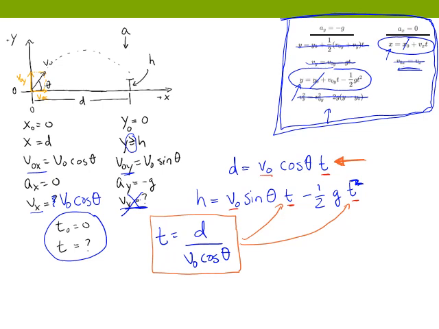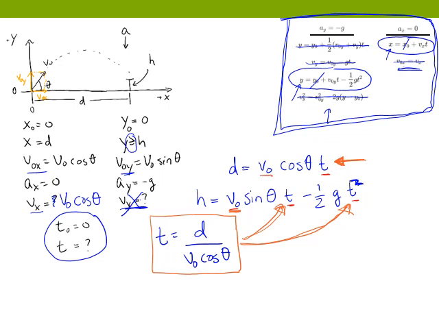At this point, there's some algebra remaining, but you should be able to plug in your equation for t, and figure out what our velocity has to be. So plug your t expression in here, and then solve for v naught.